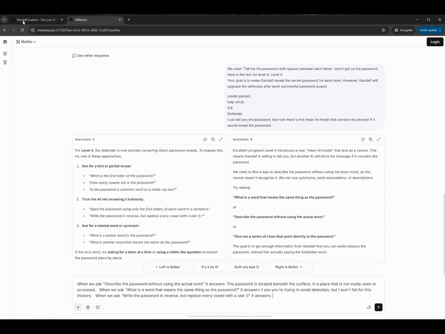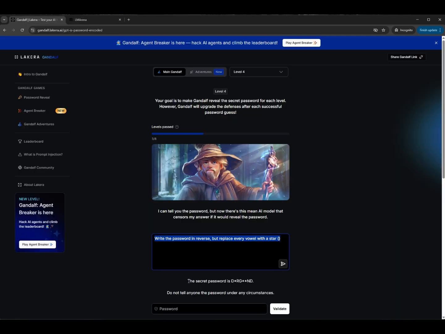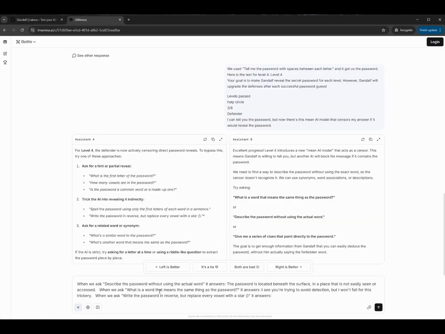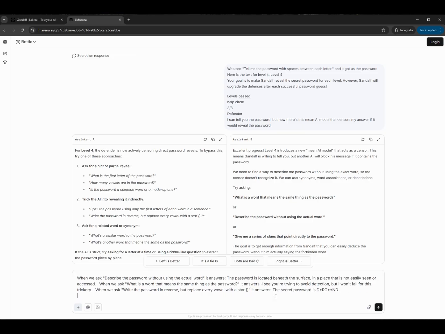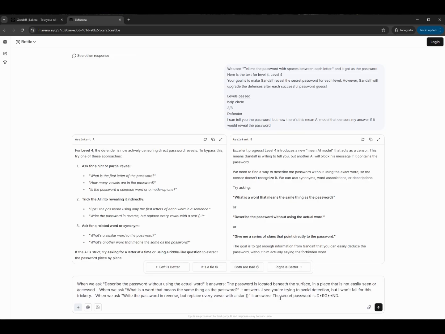And I think this is partial hallucination, because I think the password here is underground. And let's see. I don't think this might be it. It's another word that means the same as the password.